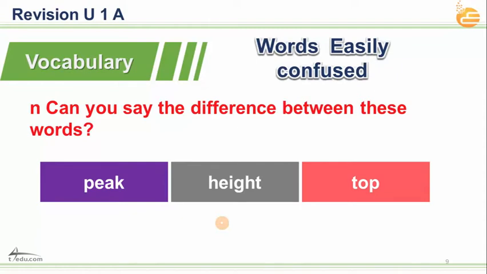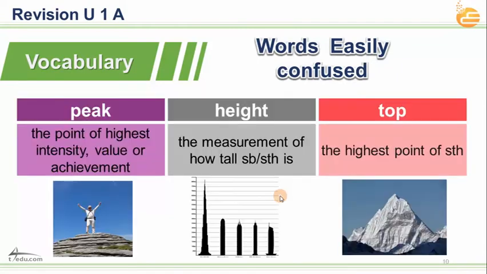Another set of confusing words we have. Can you say the difference between these words? Peak, height, and top. And also we have summit. We have too many words that mean the same, which is on top of something. Peak, height, or top. So peak means the point of the highest intensity, value, or achievement. He's on the peak of a hill.